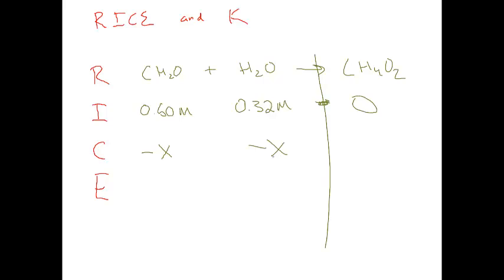So if I lose X of this, how much of this do I make? X. So I'm adding X. I'm losing a certain amount of my reactants, and I'm making that much product because of the mole ratio. So the reaction happens, and I reach equilibrium. So at equilibrium, I have 0.5 minus X here, 0.32 minus X here, and X of my formalin.